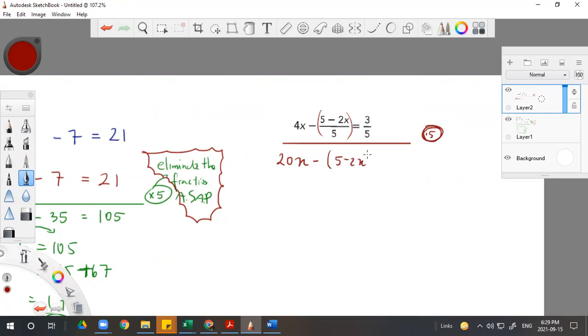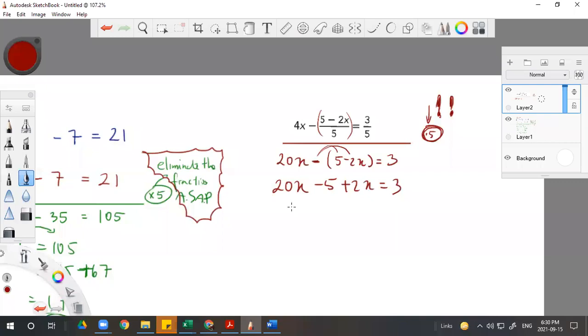5 minus 2x equals 2. 3 over 5 times 5 is 3 itself, right? This is the most important part to do in order to finish the equation. So 20x, open the bracket: minus 5, minus 2x. Again, this is part of the rainbow rule, plus 2x equals 3.